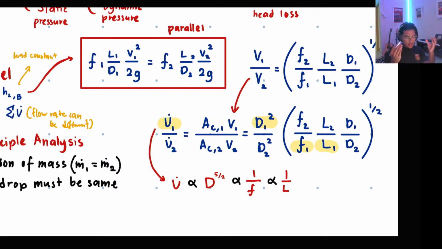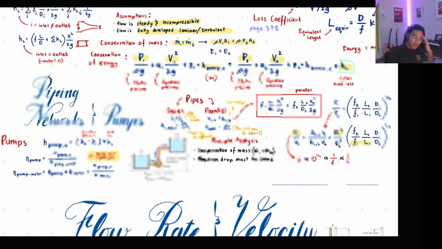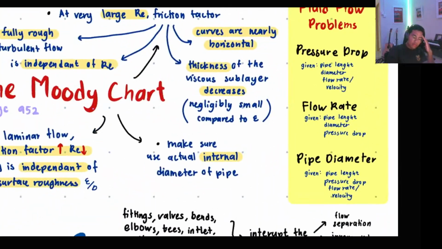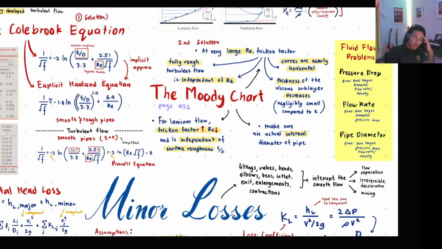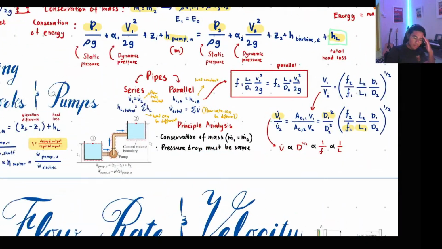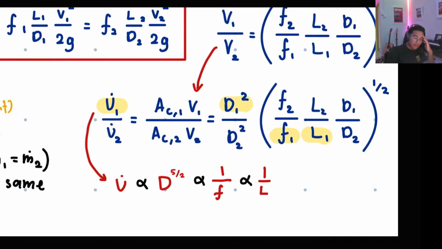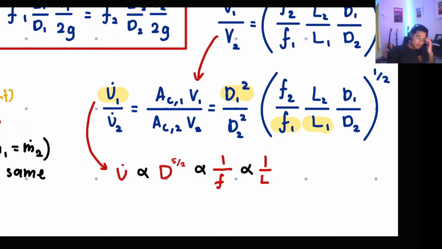So usually the question would give us a flow rate and ask us to find the pressure drop or the pipe diameter required. But for the pipe systems here, we can find D1, D2, L1, and L2. So there are many more parameters that we need to consider.